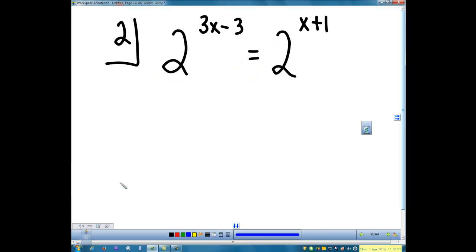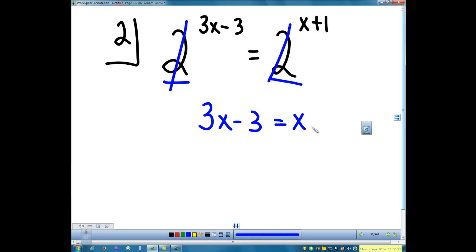Example 2. 2 to the 3x minus 3 power is equal to 2 to the x plus 1 power. Look at the bases. They are the same. So we just need to deal with the exponents. Set the exponents equal to each other and solve for the variable x.